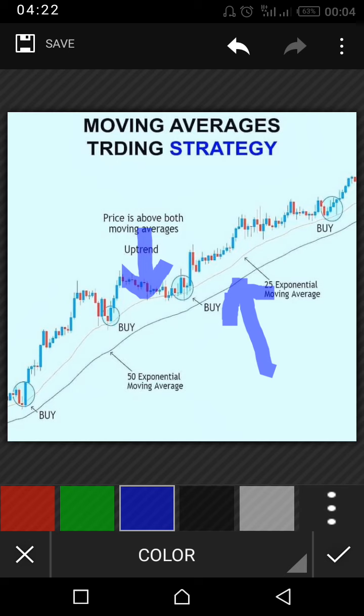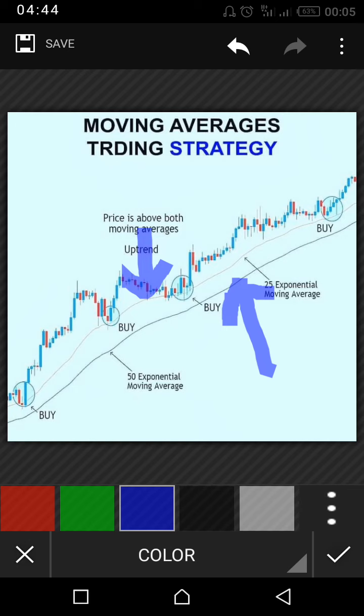And you can see that this is an uptrend, and anytime we have the price retracing to the 25 moving average or piercing it down to the 50 moving average, then it's another entry. So you can enter again and enter again and enter again.